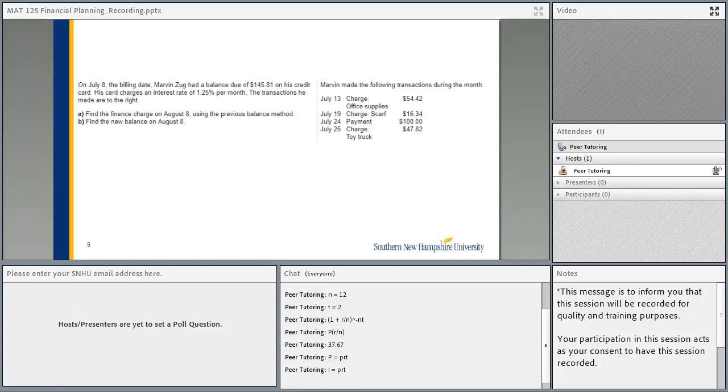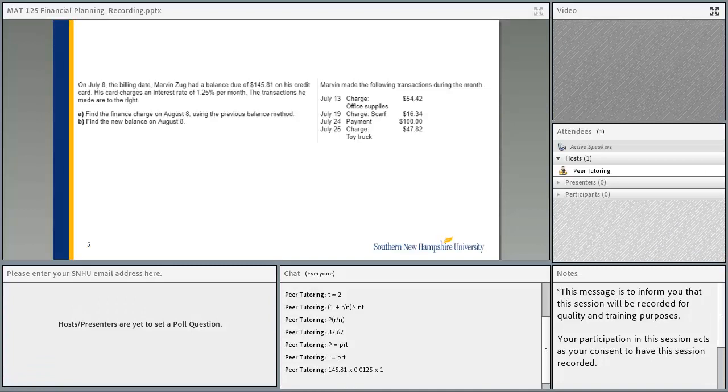So for Part A, you're just going to take that $145.81, multiply it by, remember we have to convert those percents to decimals. So 1.25%. Percent means per 100, so you're just dividing that number 1.25 by 100. And then because this is only 1 month, we are just going to multiply by 1.